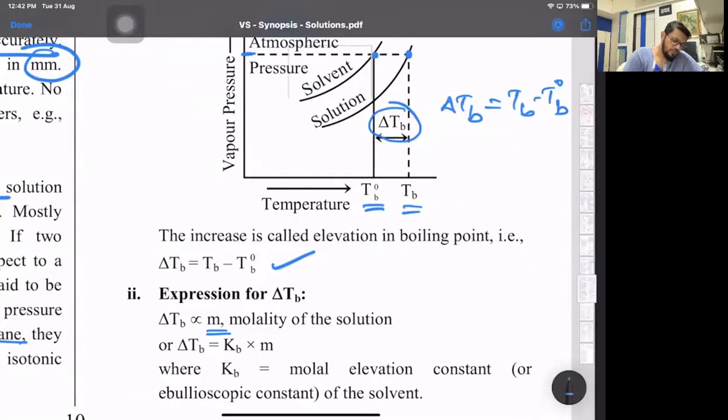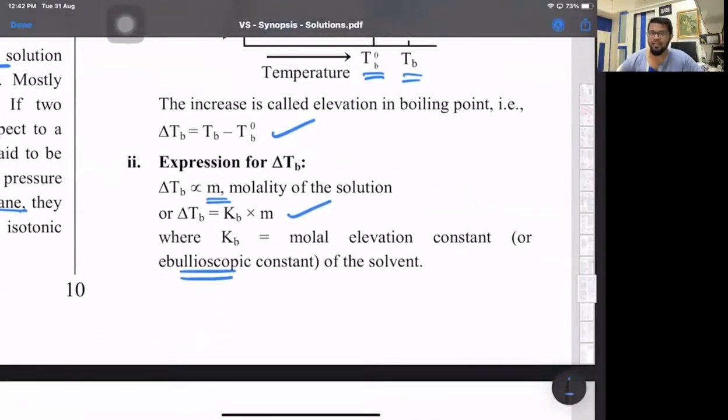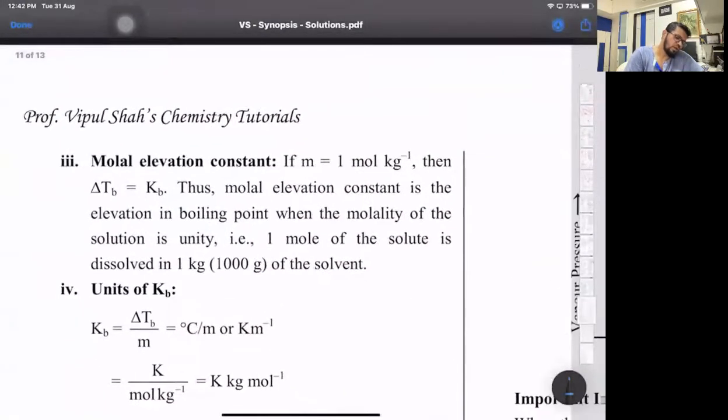So delta TB is proportional to m, which gives delta TB equal to Kb into m, where Kb is the constant called the molal elevation constant or the ebullioscopic constant. Ebullio means to elevate, to increase its boiling point. So if molality is 1 mole per kg, then delta TB is equal to Kb.